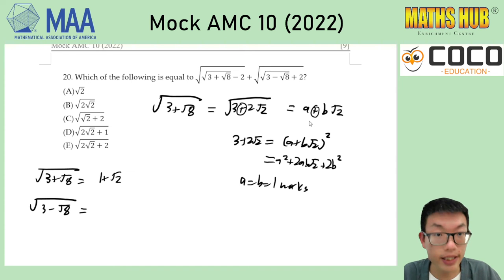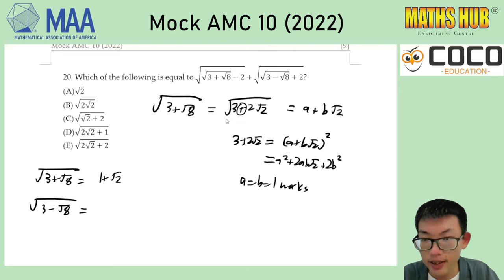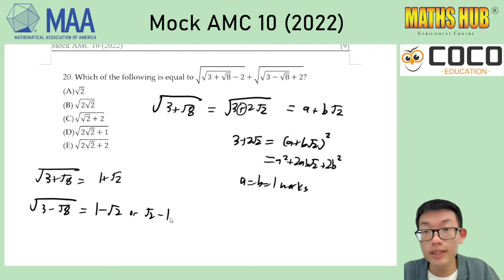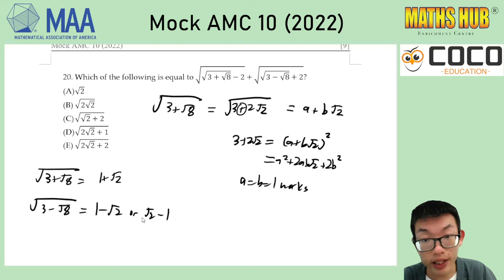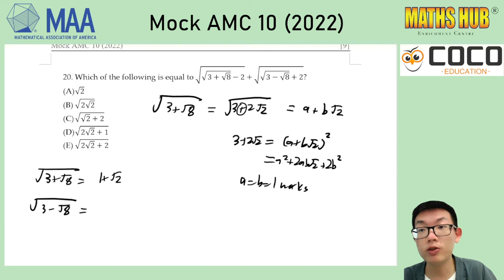So what I mean by that is that your a squared plus 2b squared would still be 3. We are trying to now make 2ab into negative 2. So we just flip one of the signs. 1 minus root 2 or root 2 minus 1, keep the positive one. So square root 2 is certainly more than 1, so the positive thing is square root 2 minus 1.